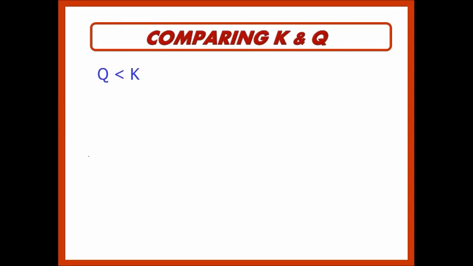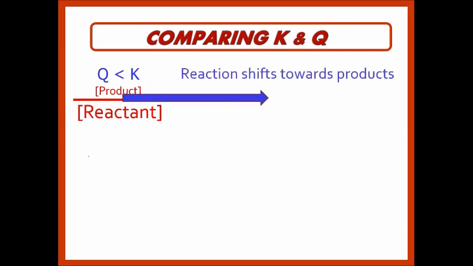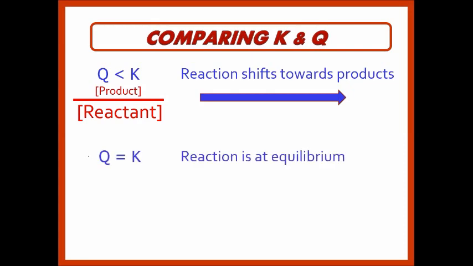To elaborate, when Q is less than K, this indicates that in the current state of the reaction, the ratio of product to reactant concentration is lower than the equilibrium concentration ratio of product to reactant. Therefore, in order to reach equilibrium, the reaction must shift to the right towards the products, and the forward reaction dominates.